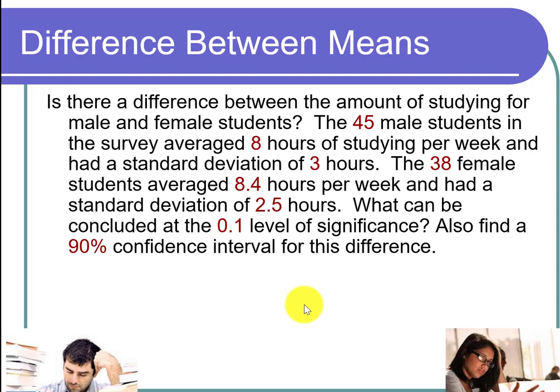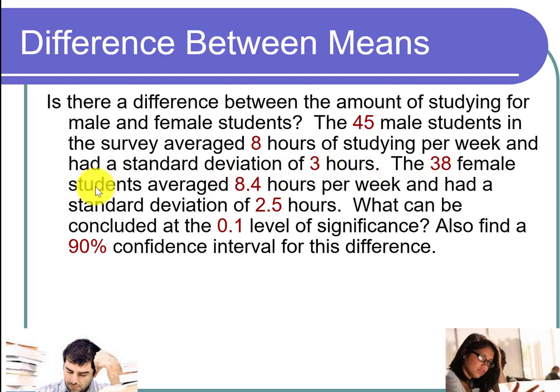Now let's talk about means. Let me look at this example. Is there a difference between the amount of studying for male and female students? The 45 male students in the survey averaged 8 hours of studying per week and had a standard deviation of 3 hours.